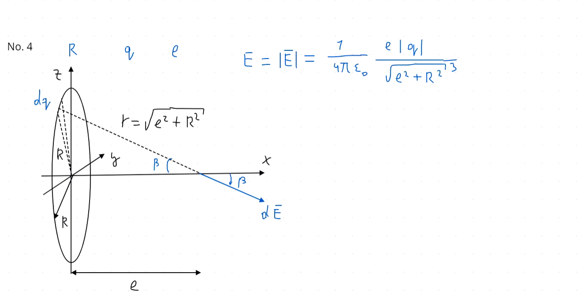Okay, so to find the maximal value, we should find the derivative and make it equal to 0. When a function is maximal or minimal, its derivative will be equal to 0, or will not exist.